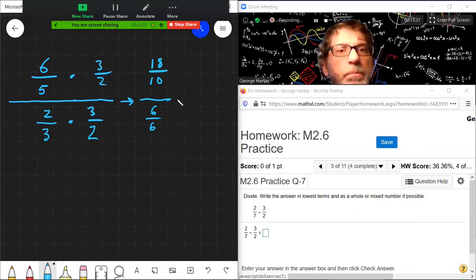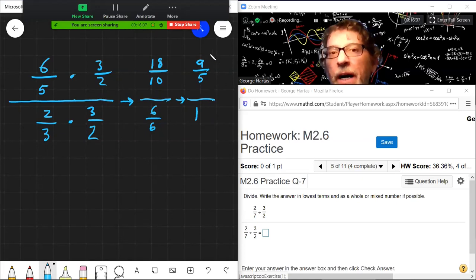Let's keep simplifying, reducing. Now, 2 divides into both here, correct? 2 divides into 18 9 times. 2 divides into 10 5 times. Let's put the division bar here. 6 divided by 6 is 1. Oh, this is turning out to be nice.